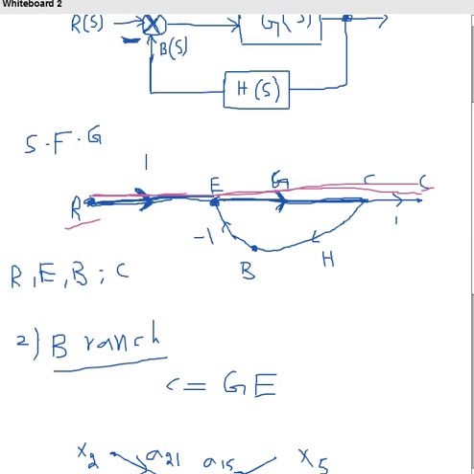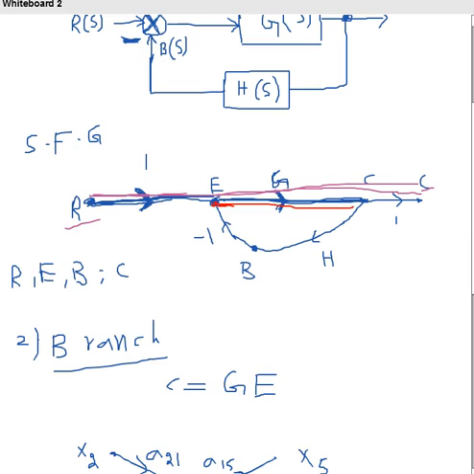Okay. And loop, what is a loop? The definition of loop: it is a path which originates and terminates at the same node. So in this signal flow graph, how many loops are there? One loop. Yeah, only one loop. So if we consider this one, it is a path which originates, I am starting from E. The path is a traversal of connected branches in the direction of branch arrows.